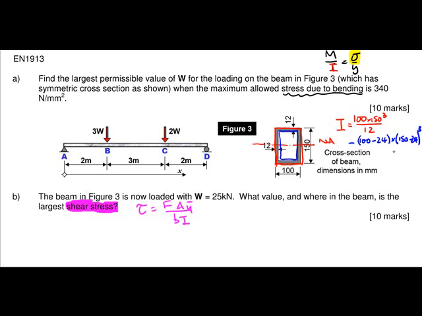BD cube over 12 gives us an I value of 15.46 times 10 to the 6 millimeter to the power 4. Okay, so that's the I.